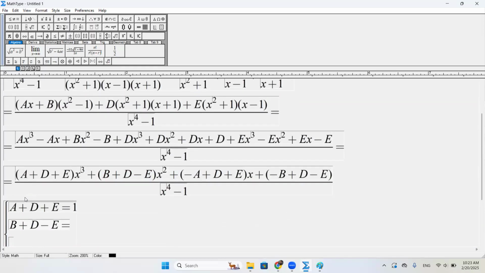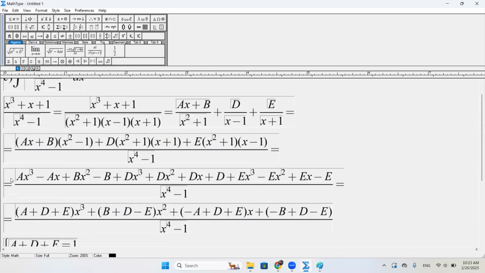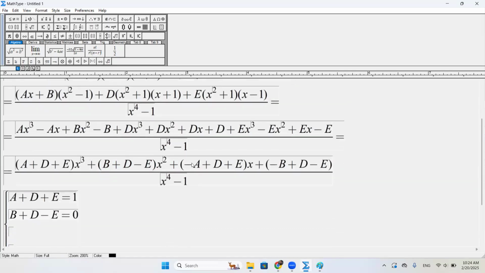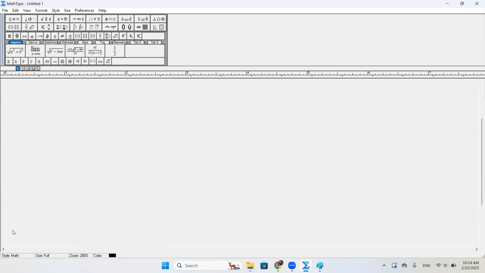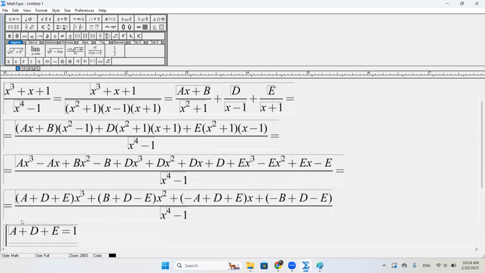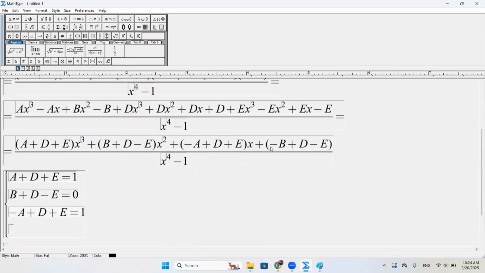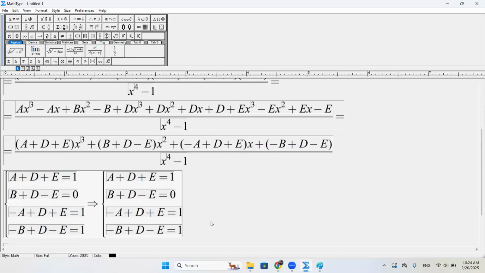So for x in power of 0: minus a plus d plus e equals 1. I won't say that this system of equations is so complicated, but we just want to save our time.